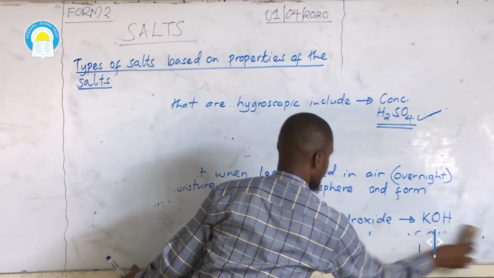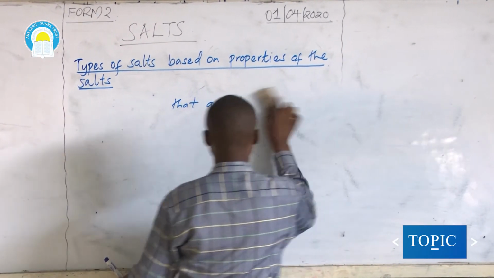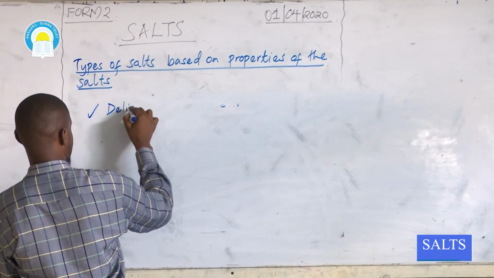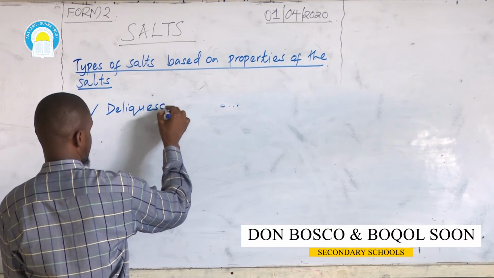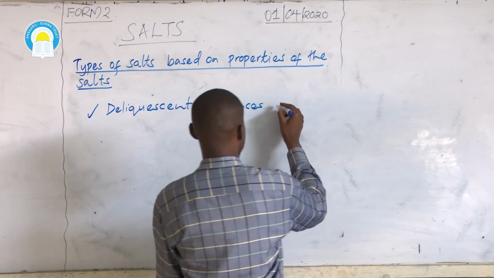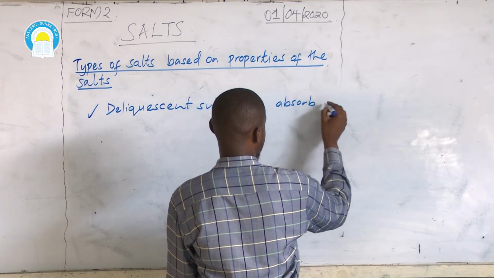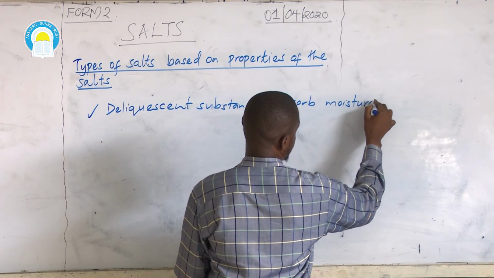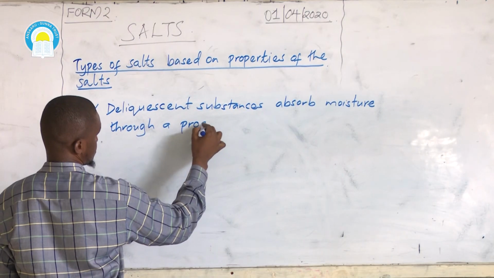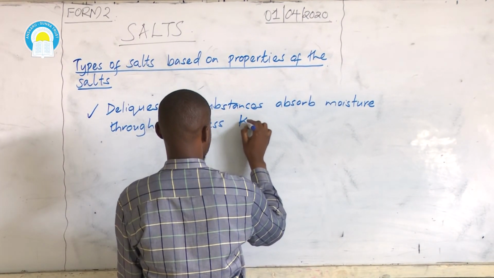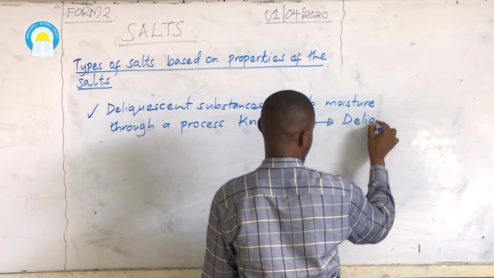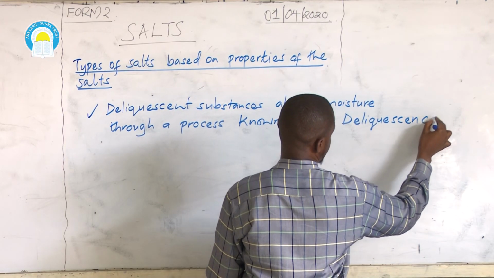So the process by which they absorb moisture and form solution is a process known as deliquescence.